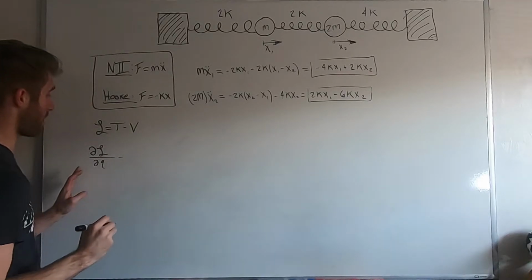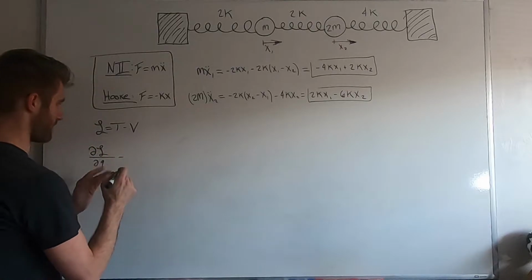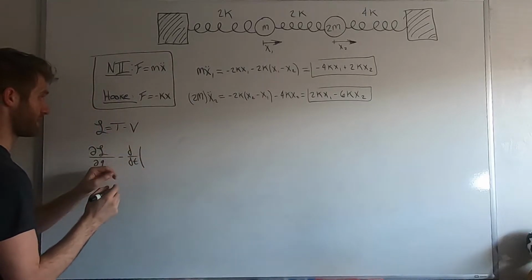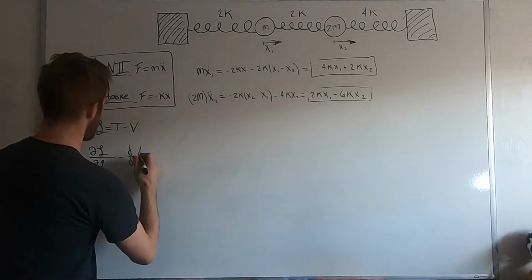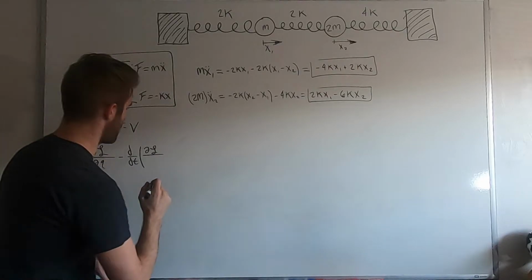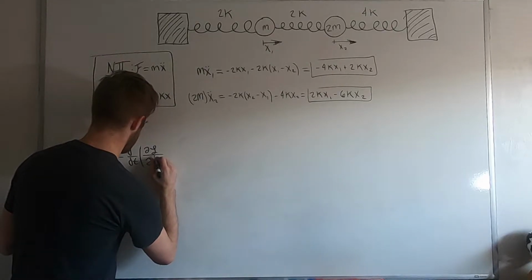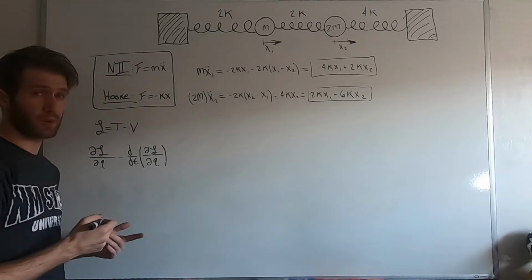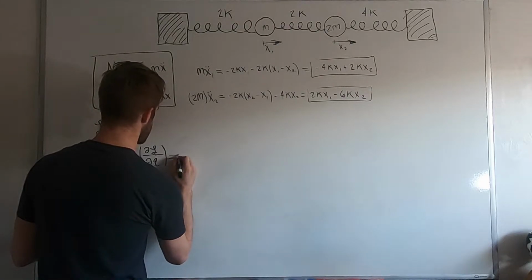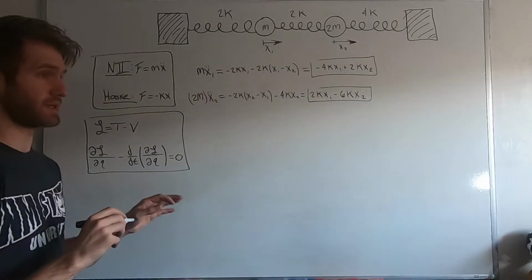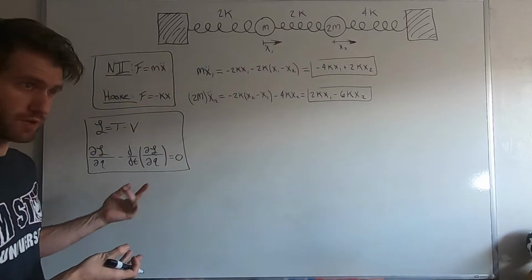And we're going to subtract off our time derivative, a total derivative this time, so d/dt of the partial derivative of our Lagrangian with respect to q dot. Maybe one day I'll derive this for you guys, but I hope you'll take my word for it for now. So this is going to be equal to 0. All right, so we have what we need to start constructing our equation using this particular method.